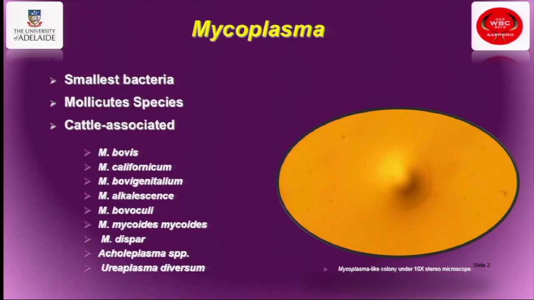There are more than 200 species of Mycoplasma yet discovered. Some of them are saprophytic and others are pathogenic. Of these pathogenic mycoplasmas, there are several cattle-associated species, like Bovis, Californicum, Bovigenitalium, Alkalescens, Bovoculi, Mycoides subspecies Mycoides, Dispar, Acholeplasma, and Ureaplasma diversum.